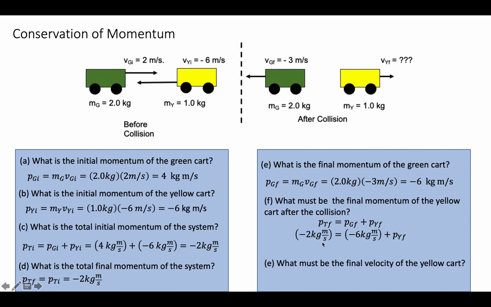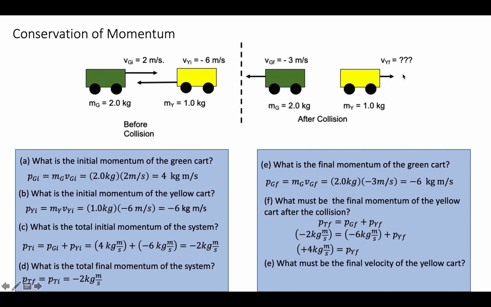So the total final momentum of the system is -2 kilograms meters per second. The green cart's momentum was -6, and that added together with the yellow cart's momentum has to equal -2. If I add a +6 to both sides of this equation, I end up with the final momentum of the yellow cart as being 4 kilograms meters per second.